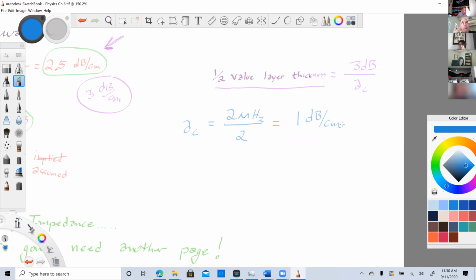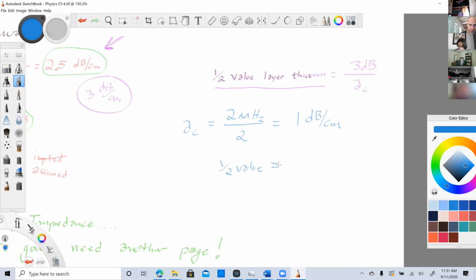2 megahertz is as low as we ever go. So 1 decibel per centimeter is the best we could ever expect from attenuation. In other words, you want as little attenuation as possible. I can see why I used 2, because that makes 1.